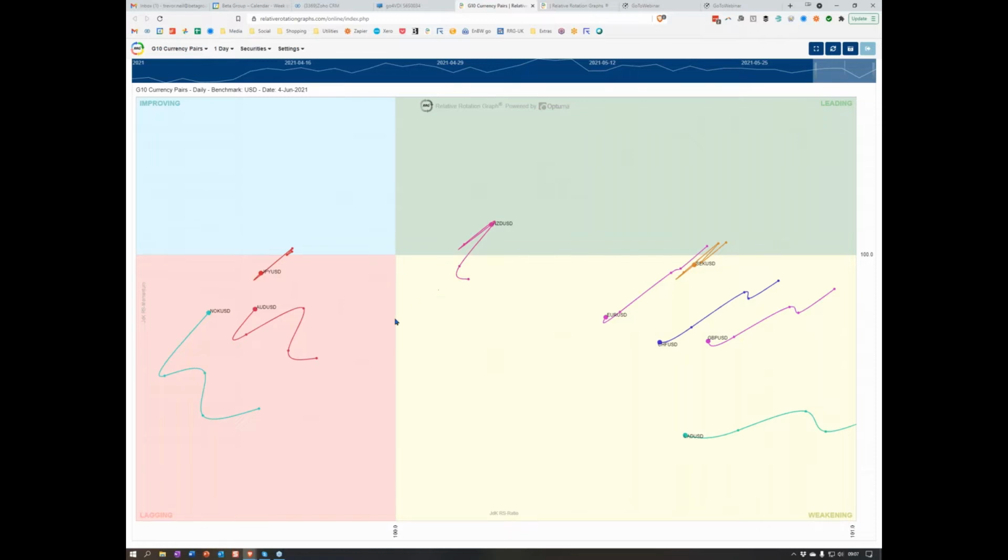Anything to the right of it is outperforming the US dollar, and so furthest to the right currently is the pound. It was the Canadian dollar, you'll remember, when we looked at it last week. That's the Canadian dollar there. So the Canadian dollar has fallen away to undertake, if you like, the British pound here, which was previously second.